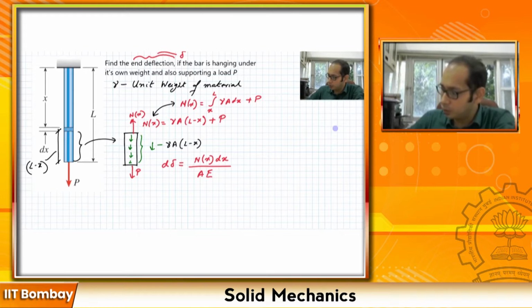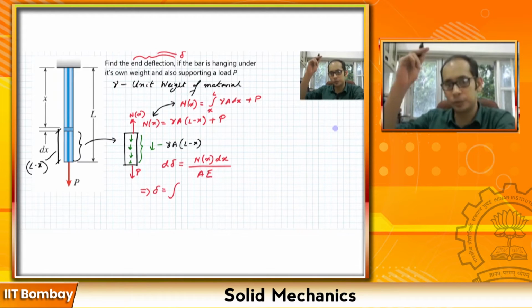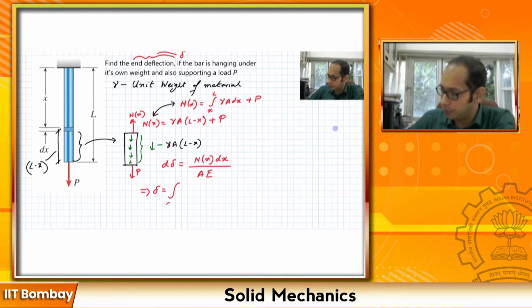From this, if we have to calculate the delta, what you get is an integral. Now we have to integrate from the top to the bottom, that is 0 to L, of N of x dx divided by AE, where N of x is simply this guy over here.